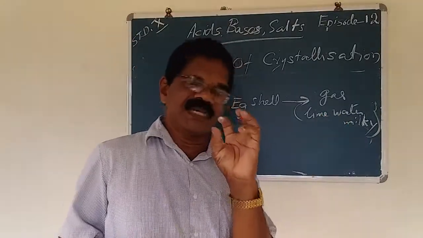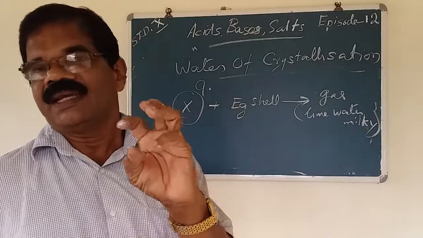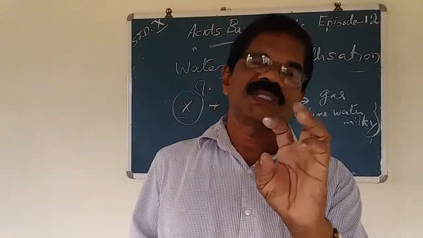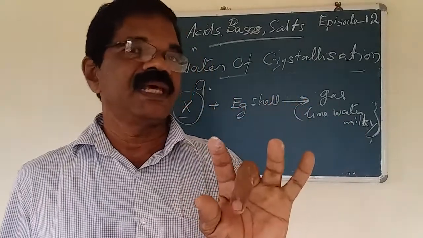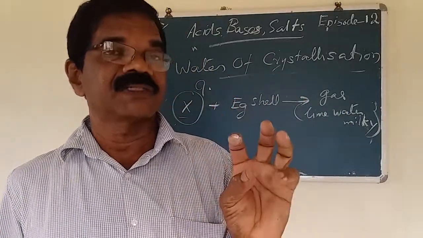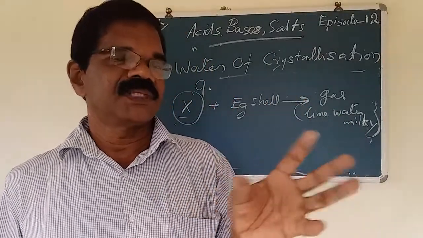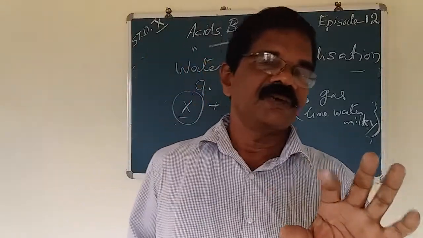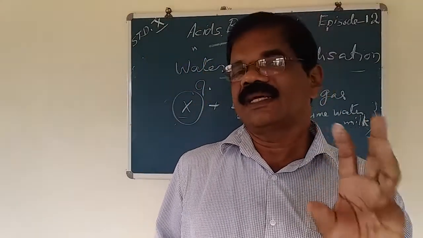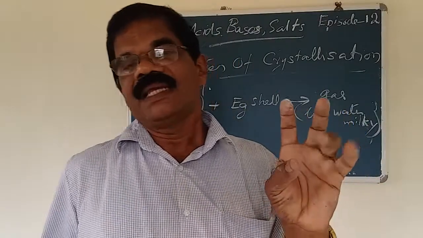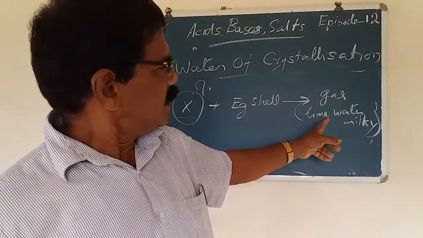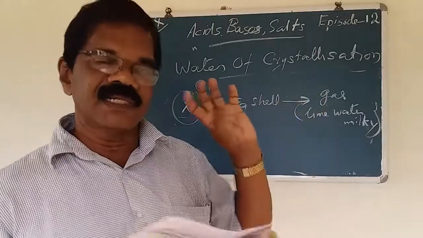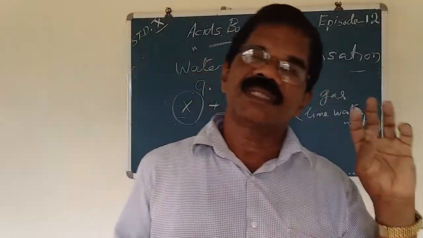In these two chapters, we have to learn the identification of two gases only. One, hydrogen: when a lighted matchstick is brought near hydrogen, it burns with a pop sound.